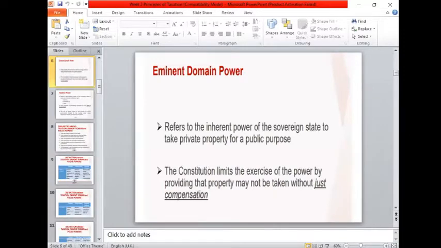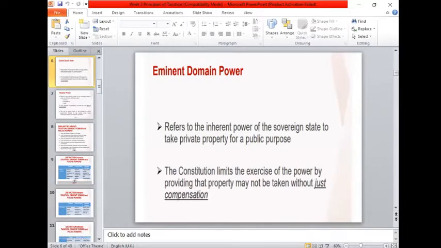The next is the eminent domain power. This is the power exercised by the government to take private property for public purpose. The government may not take over private property for its personal purpose.